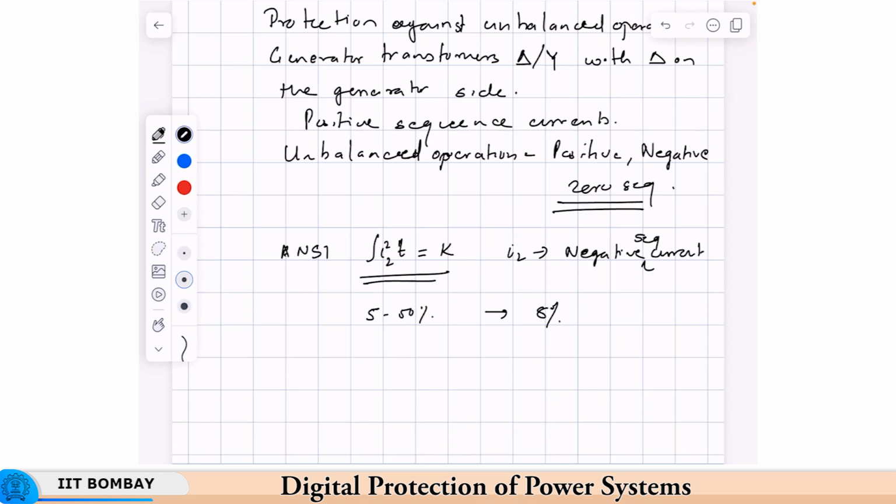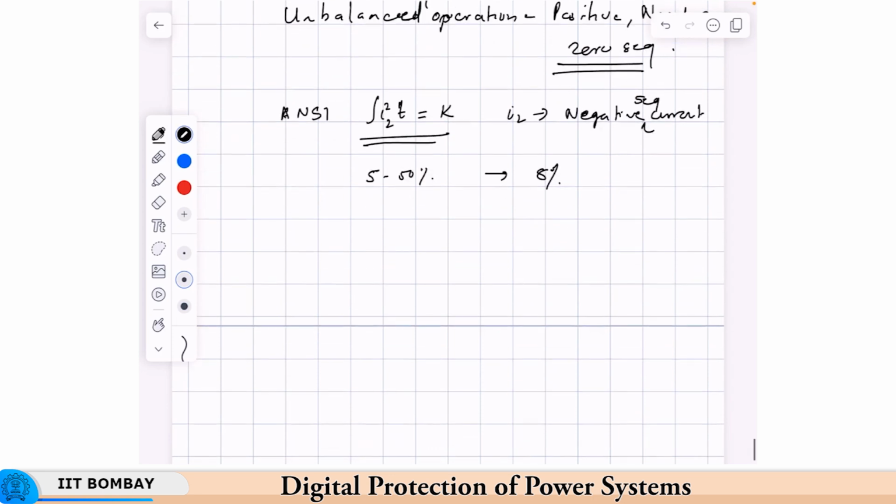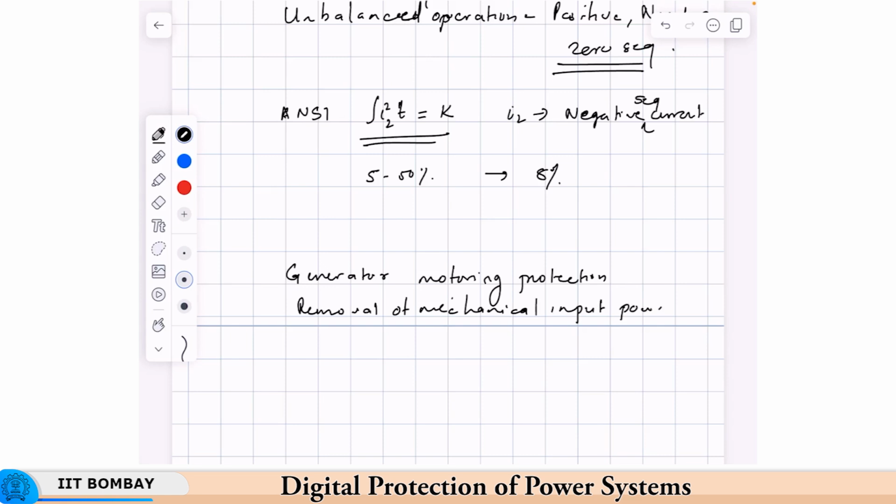Now, we go to the next protection, which is generator motoring. Okay. So, when does this happen? If for some reason there is a removal of mechanical input, what would happen?